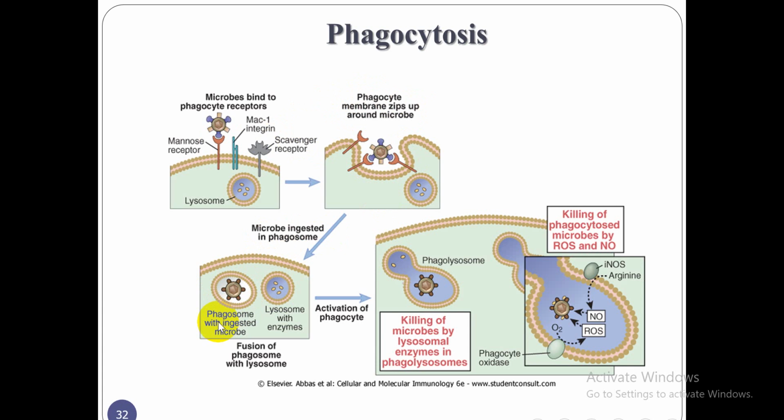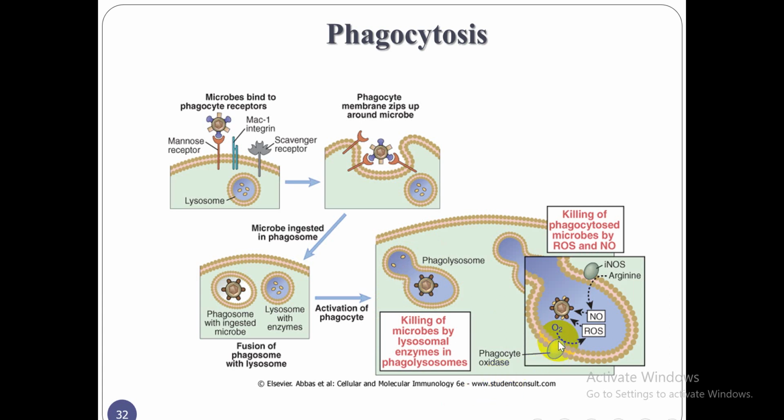We also have a lysosome which is full of enzymes like cathepsin G. After the fusion of phagosome with lysosome, we have a phagolysosome, and some microbes could be killed in these lysosomes under the enzymatic activity of the lysosomes. The other mechanism is phagocyte oxidase.